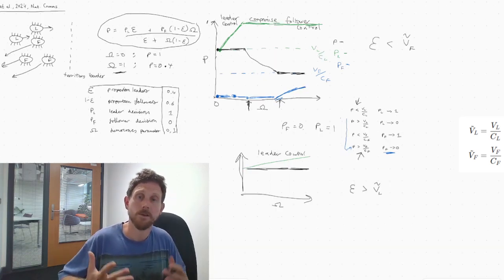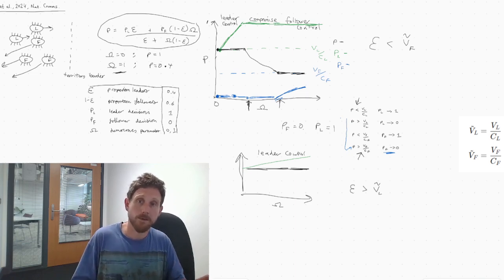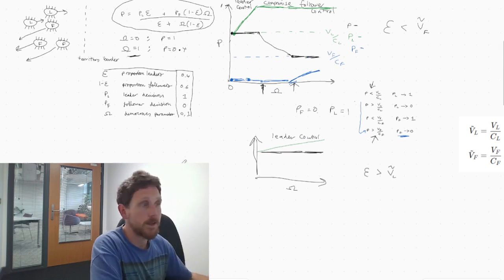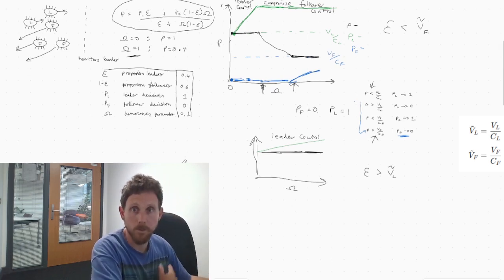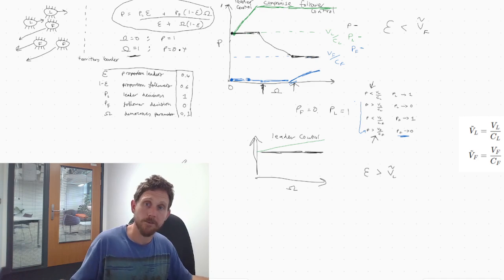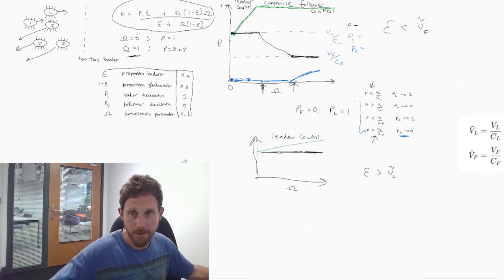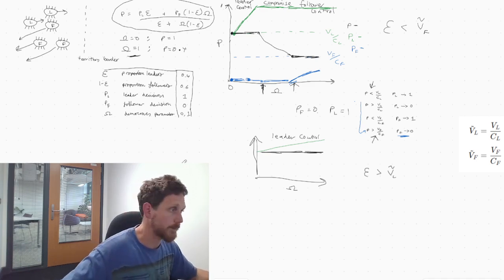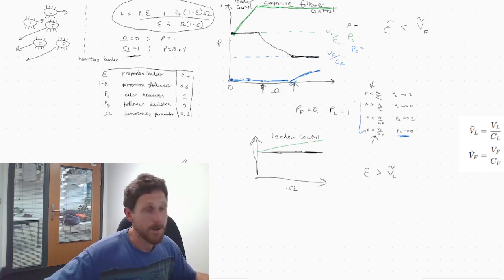The reason the cost-benefit ratios are so important to determining what can even possibly evolve is because of what is colloquially known as a loudest voice prevails dynamic.